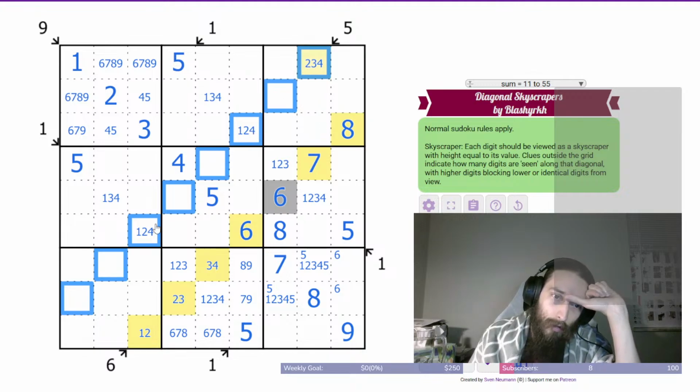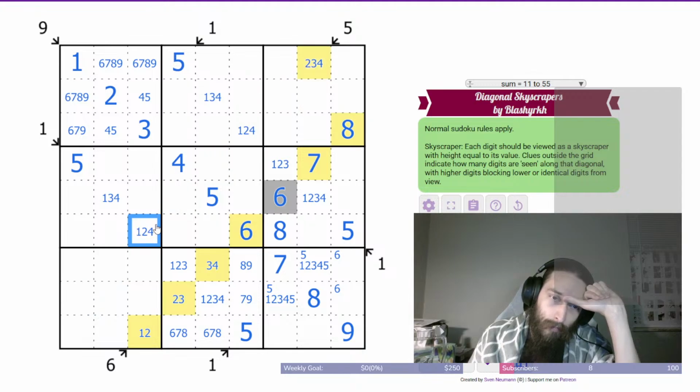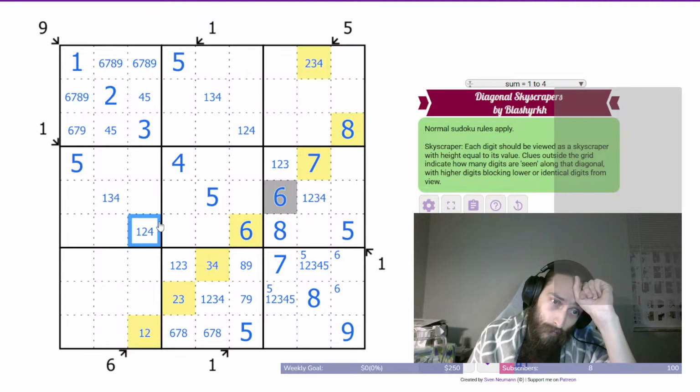The first digit and these two corner pieces. If this is a 4, you can't see either of those. Right. If this is a 3, you could potentially see this one. But I don't think you could see that one. And if this is a 2, you could see one but not the other.